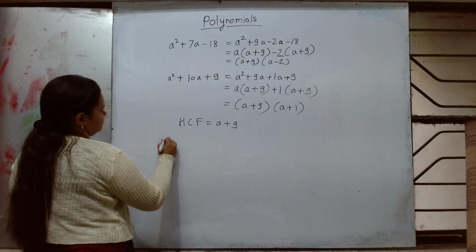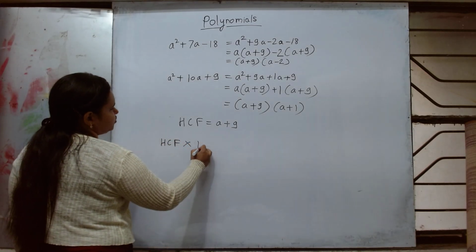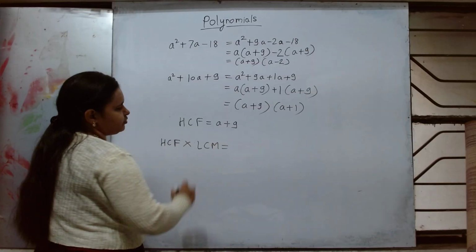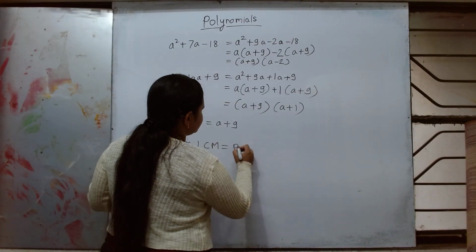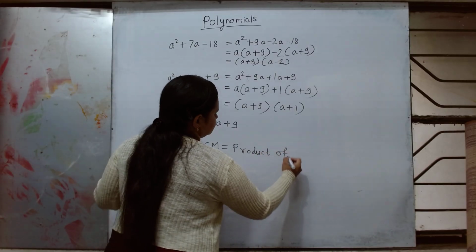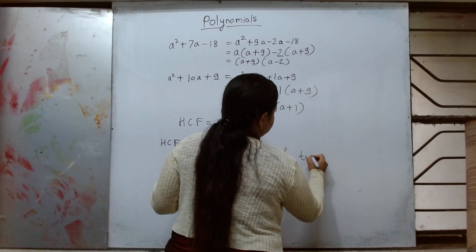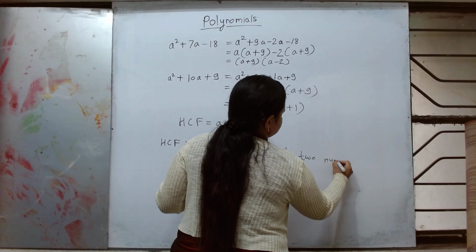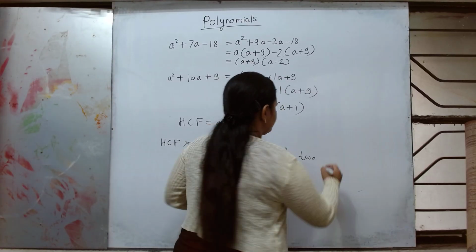Now HCF into LCM is equal to what? It is equal to the product of those two numbers. Here we can see polynomials.